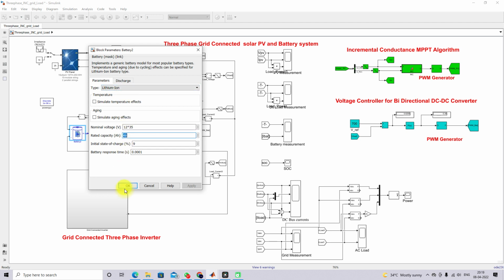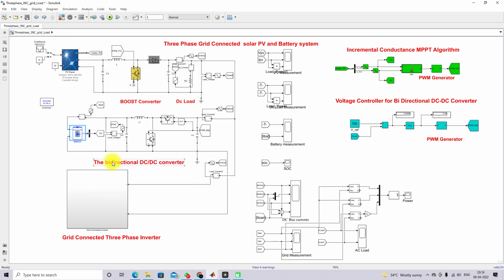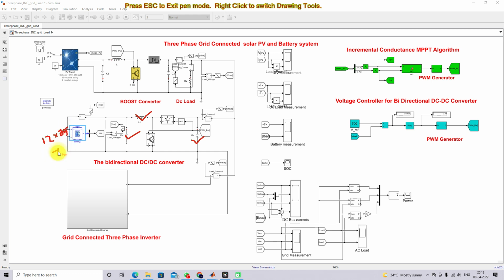And here we are using a lithium ion battery. Here we are going to design the values of L and C of the bidirectional converter. For that I am going to take the voltage as 12 into 35, and for the power rating I am going to consider the same rating as the PV.